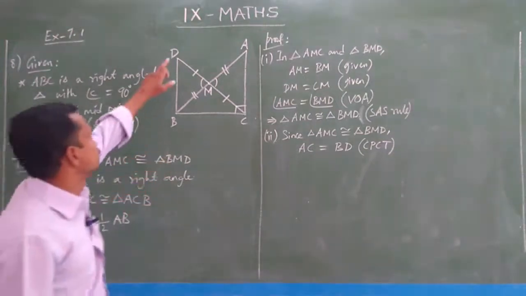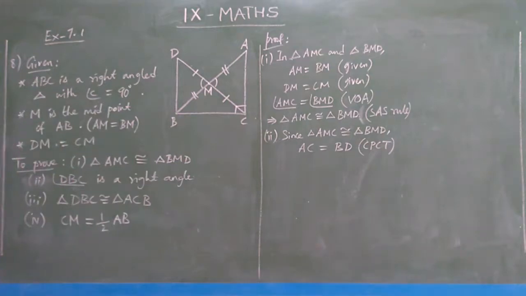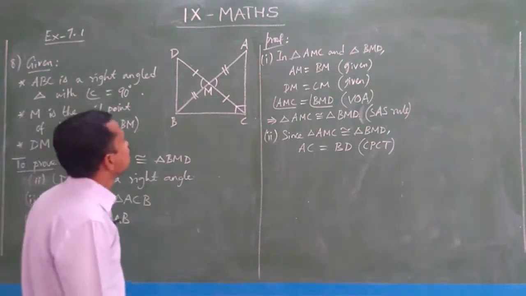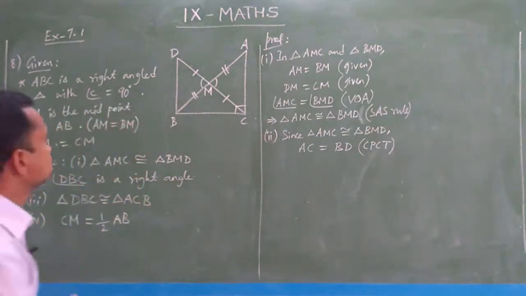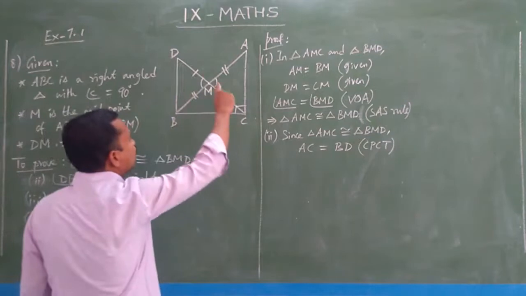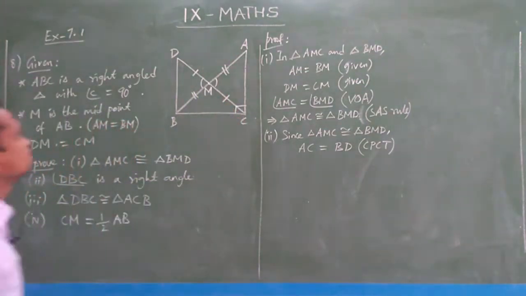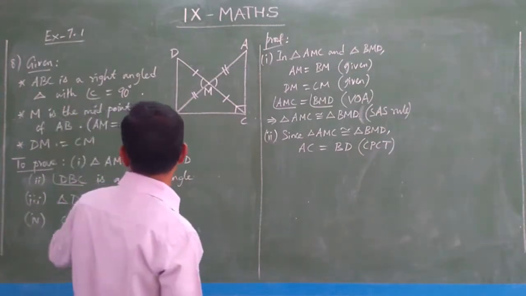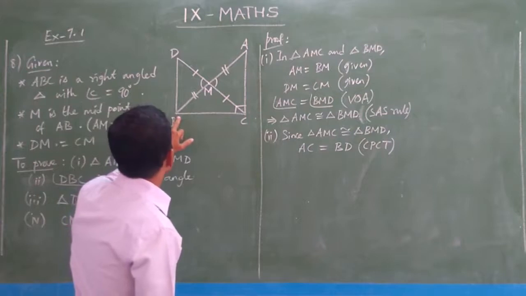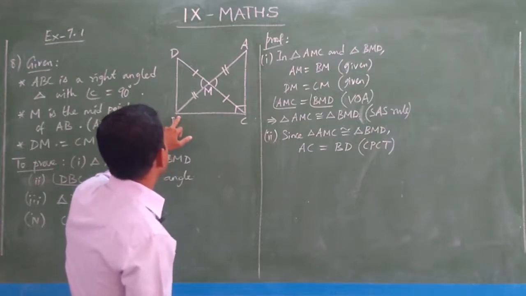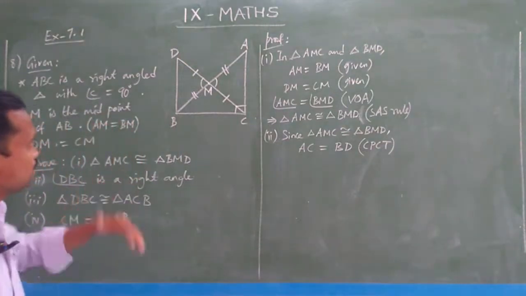Now DBC, where is it? That is the right angle we have to show. For that, I am taking one more thing. Here this angle and this angle are equal. For DBC to be 90 degrees, we have to use the co-interior angle property and the alternate interior angle property.